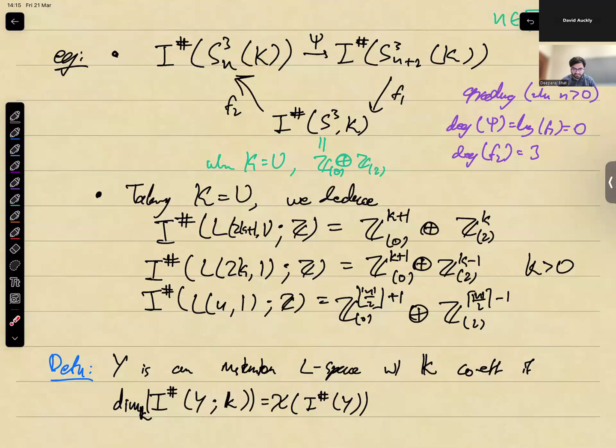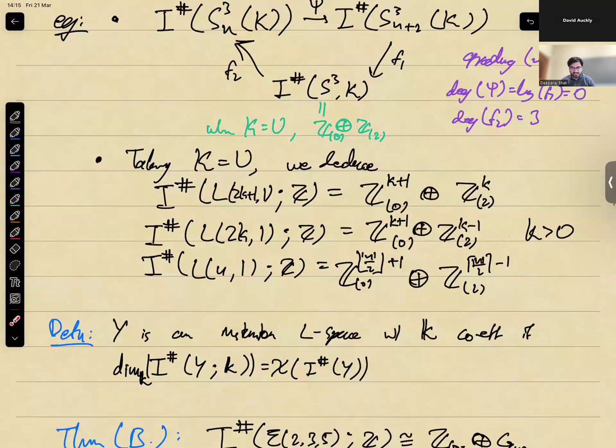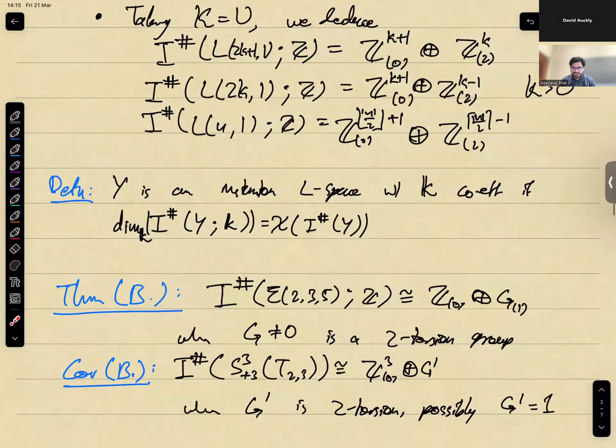And what this formally means is that the dimension of whatever Floer group you're looking at is the Euler characteristic itself. And so what I've been able to show is that the Poincaré homology sphere with integer coefficients, its instanton homology has some two torsion.